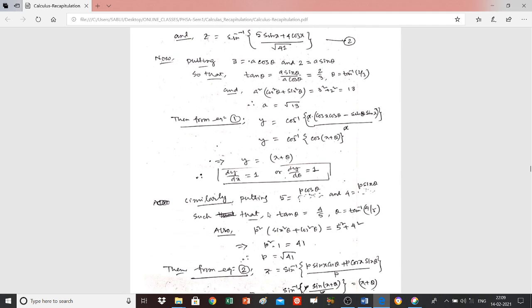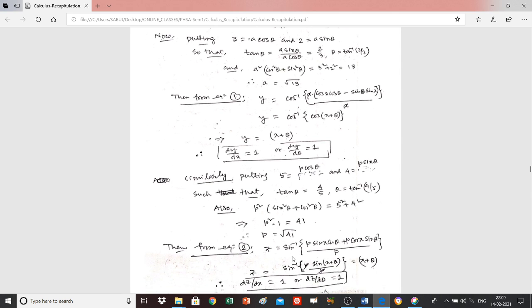Now you can similarly substitute 5 as p cos theta. p is another constant, and 4 is equal to p sin theta. From here tan theta is equal to 4 by 5, that means theta is equal to tan inverse 4 by 5. Squaring these two terms and adding them, p square into sin square theta plus cos square theta is equal to 5 square plus 4 square, so from here p is equal to root 41.